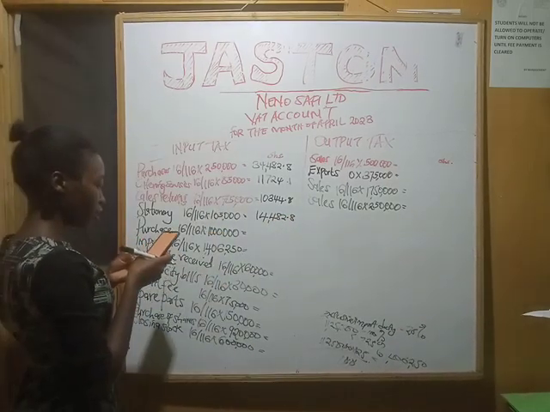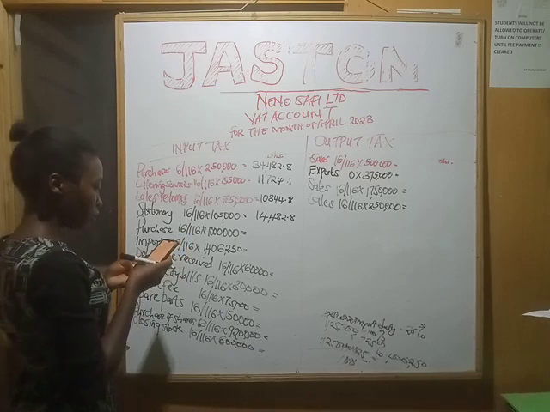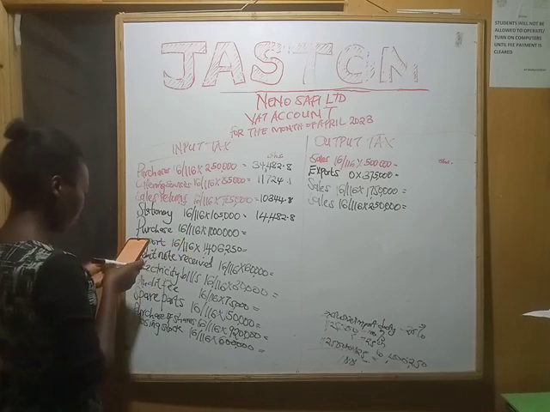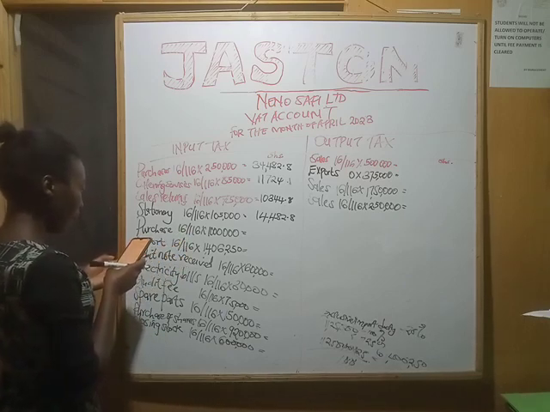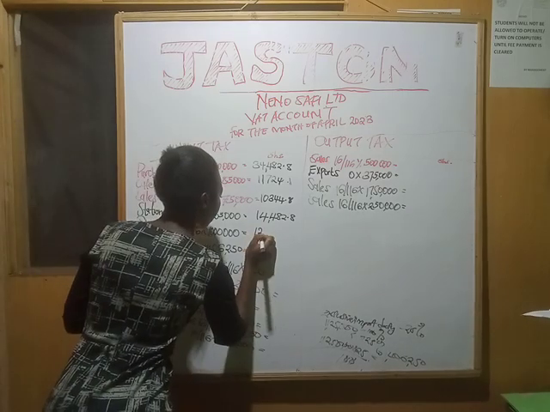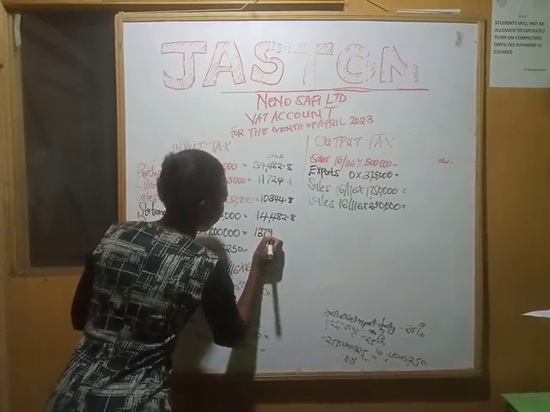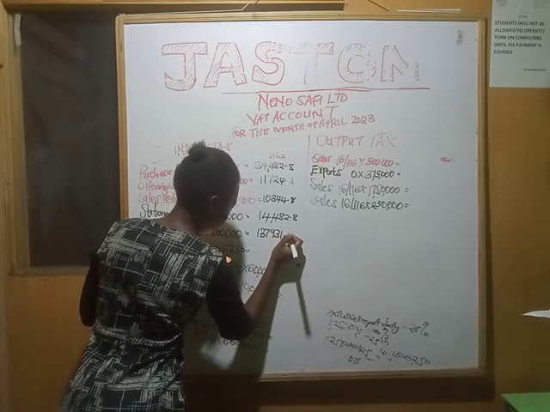Now we calculate for the purchases. 16 divided by 116, we multiply by 1 million. We'll have 137,931.0.